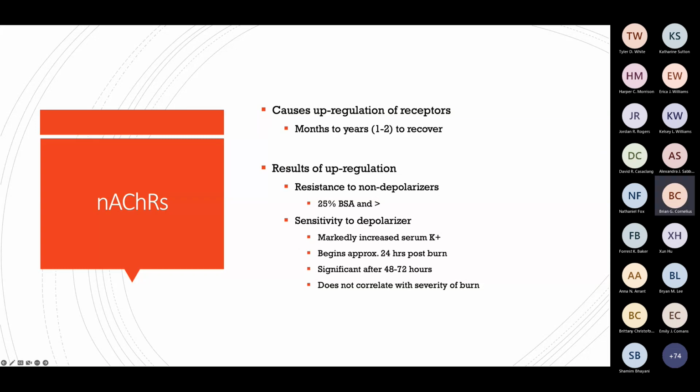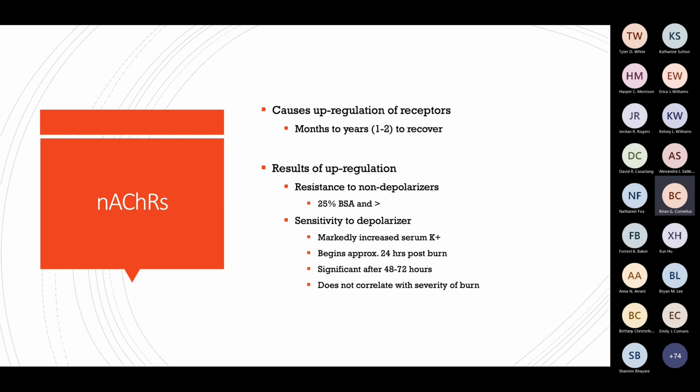So looking specifically at acetylcholine, we see this upregulation of receptors after burns lasts for quite a while, maybe as long as 2 years to recover. So as part of that, we need to figure out who we can give medications to and who not to give medications to. One of the big ones we worry about for that patient population is going to be succinylcholine.